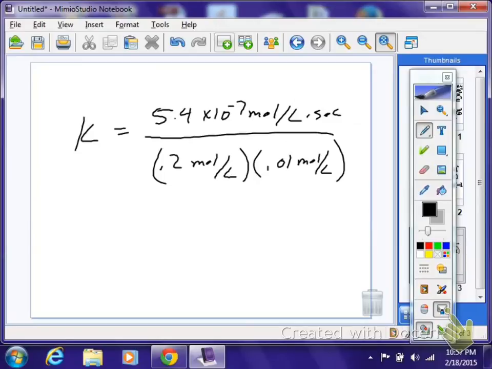But we won't put seconds in there because it's not a rate, it's just a molarity. Okay? So go ahead and calculate K.